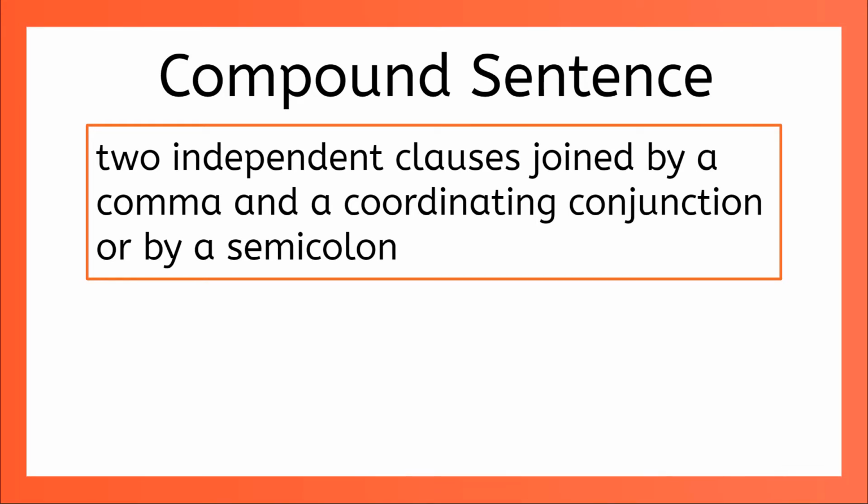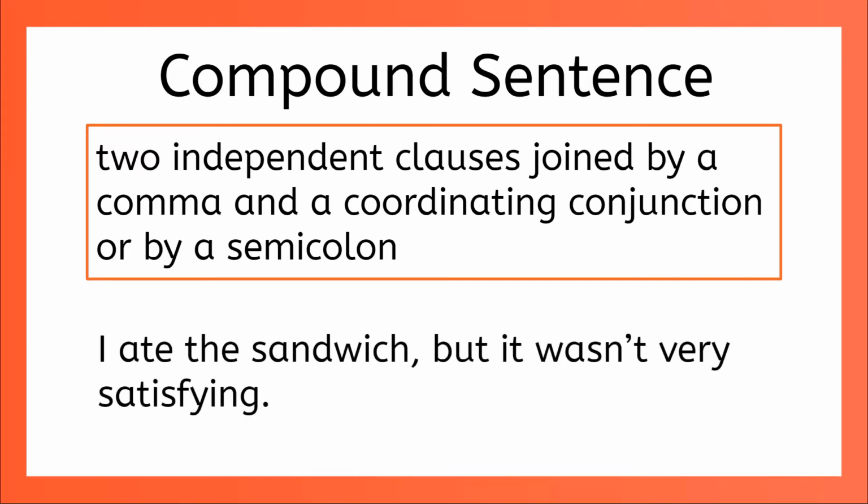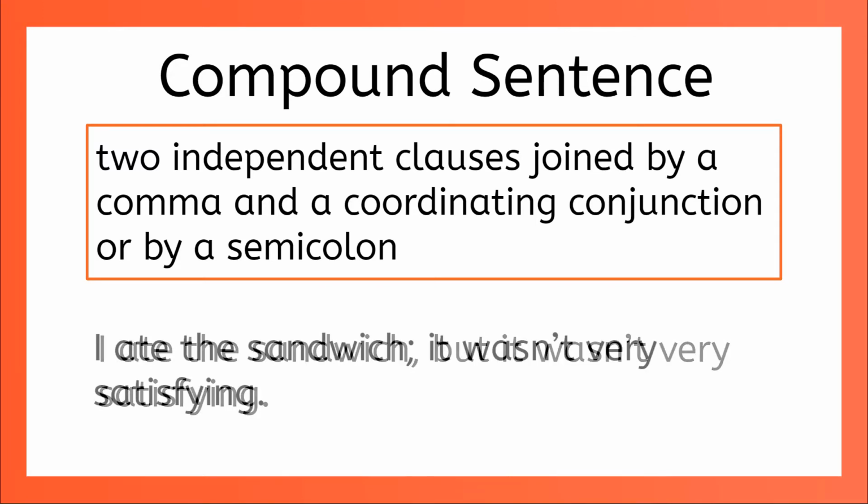Or they could be joined by a semicolon instead. That means we can say, I ate the sandwich, but it wasn't very satisfying. Or we can say, I ate the sandwich; it wasn't very satisfying. Either way, we have a compound sentence.